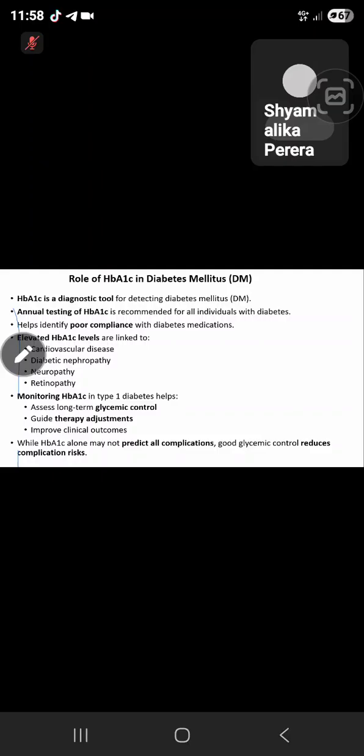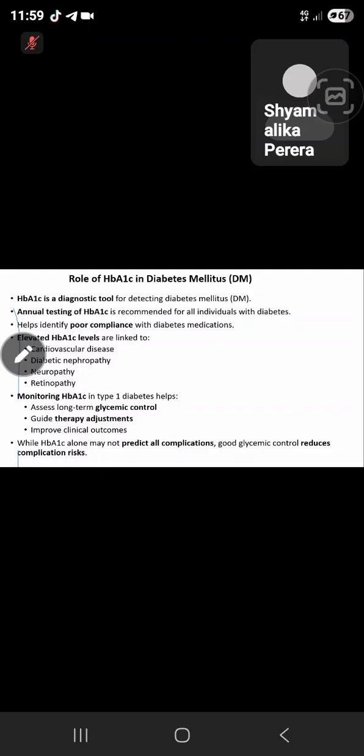You are not taking treatments or diet controls in the proper way, or not responding to the drugs properly. A high HbA1c indicates you are going to end up with cardiovascular diseases, diabetic nephropathy, kidney failure, neuropathy, nerve damage, and retinopathy, especially visual disturbances. So high HbA1c indicates those complications can arise due to diabetes.